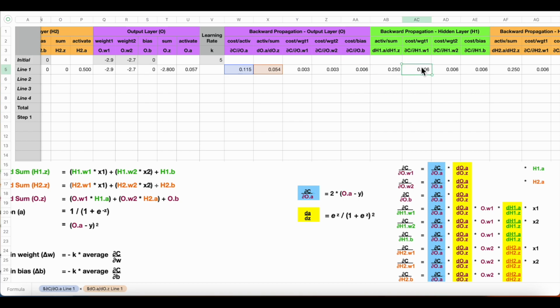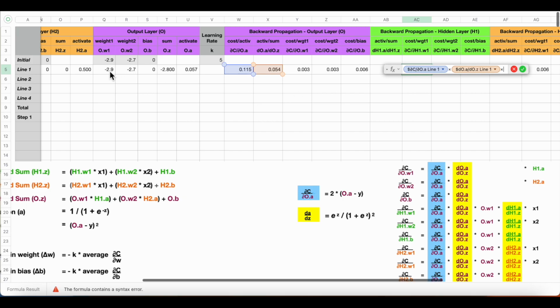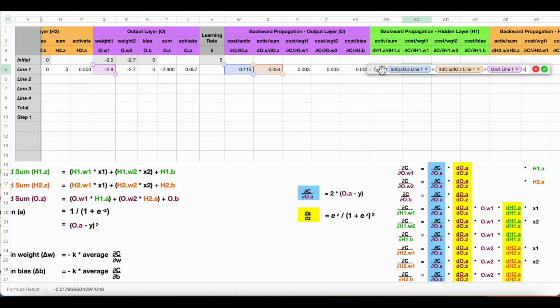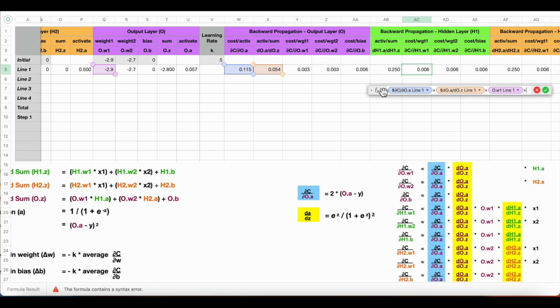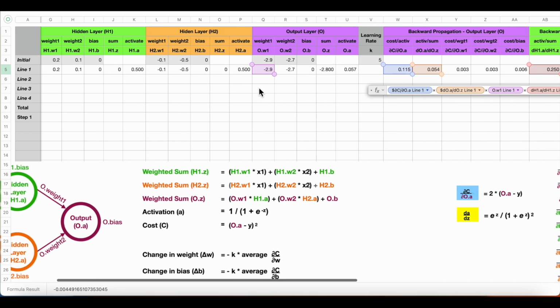For the partial derivative of cost with respect to H1 weight 1, I'm going to multiply that times output weight 1 times the derivative of H1A with respect to H1Z times X1.